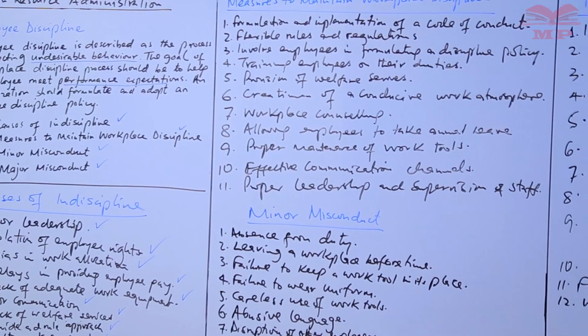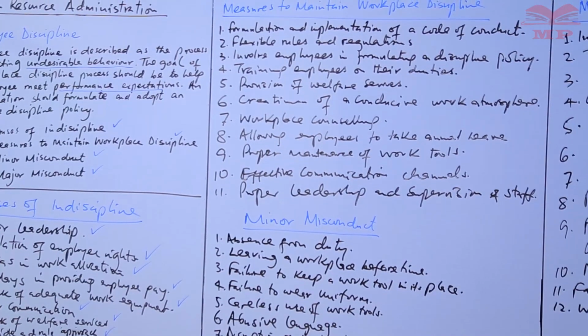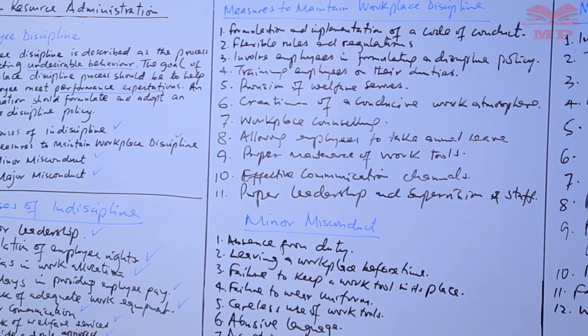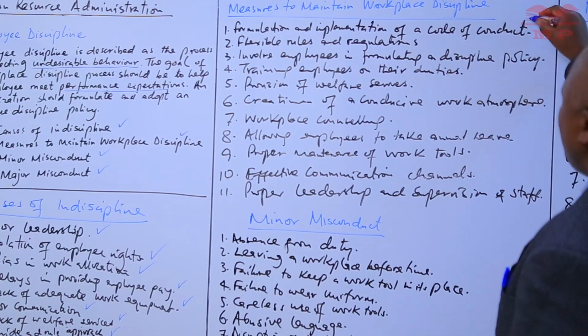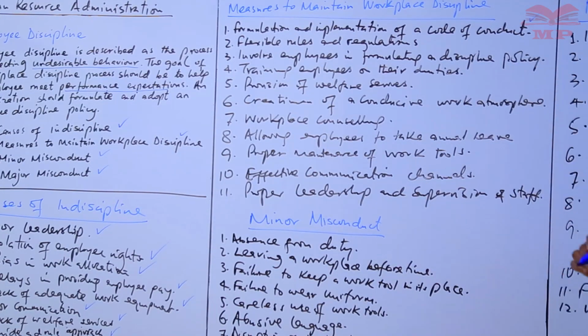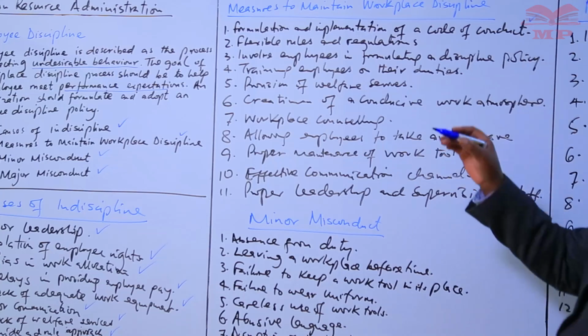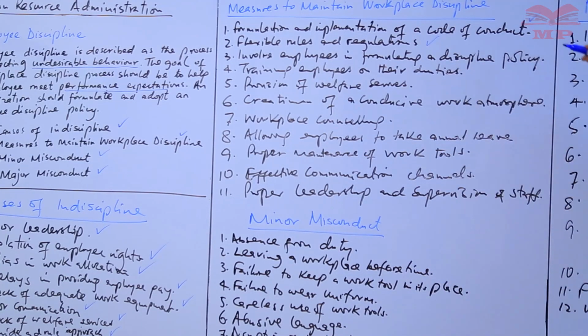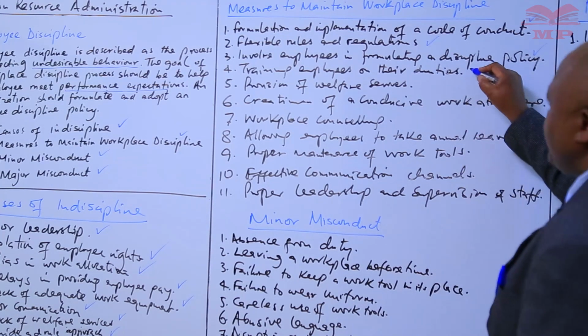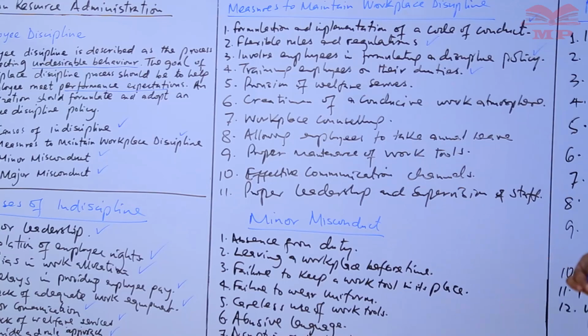Now, how about the measures to maintain discipline in a workplace? What should be done? So 1, formulation of and implementation of a code of conduct; 2, flexible rules and regulations; 3, involve employees in formulating a discipline policy; 4, training employees on their duties; 5, provision of welfare services.